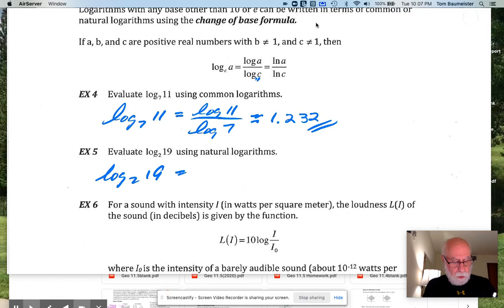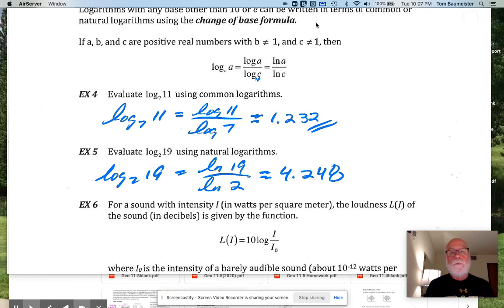So on this one here, we could also write it as the natural log of 19 over the natural log of 2. And on that one, we would get approximately 4.248. Okay, so again, all depends on your calculator, to be honest, and who your teacher is.